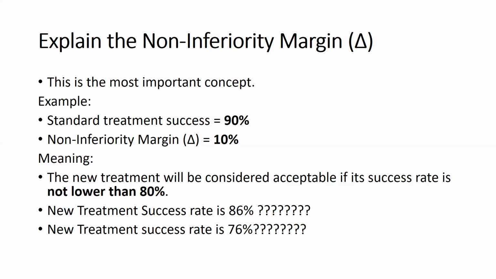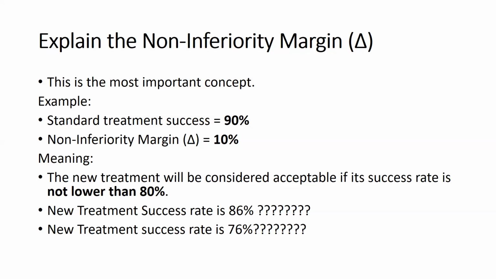Then the new treatment will be considered acceptable if its success rate is not lower than 80%. Why not lower than 80%? Because we have decided non-inferiority margin as 10%. So 90 minus 10, 80%. In condition 1, new treatment success rate is 86%. And in condition 2, new treatment success rate is 76%.